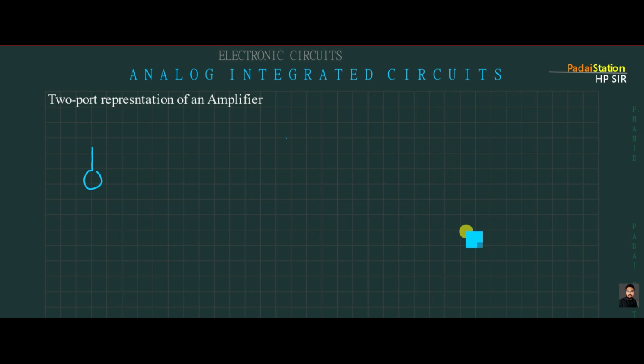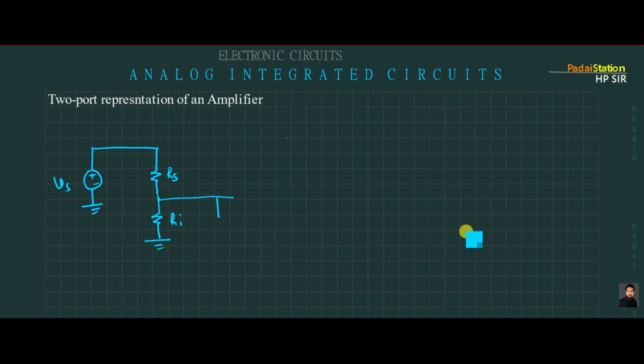After Rs, there is a Ri in the loop, and here we have ground, and here is the actual input to the amplifier. So this is the simplified circuit of the input side, and this is ground. With respect to this plus and this minus, we are going to find this Vi. And the current is I1 through this.